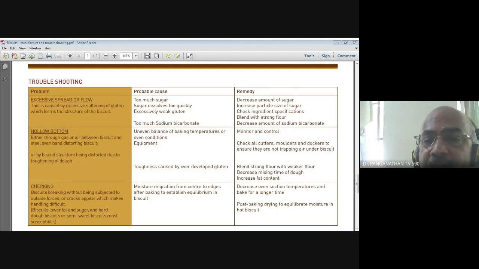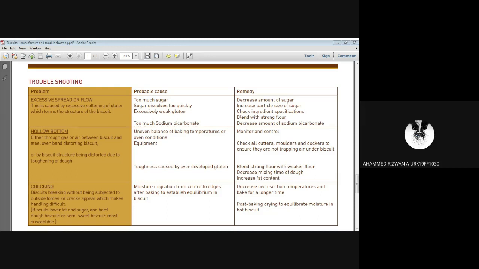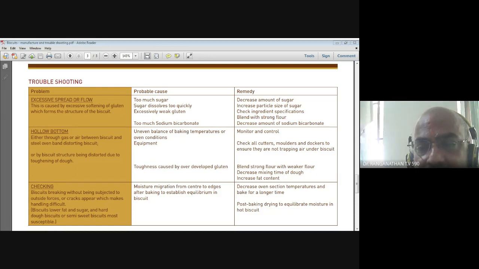There is a large difference in moisture between the outside and the inside. The outside will have a relative humidity of around 80 percent, while inside your biscuit is going to have water of maybe 4 or 5 percent. This sudden heat shock will make the biscuit start breaking. So that is what you call checking. Fine.